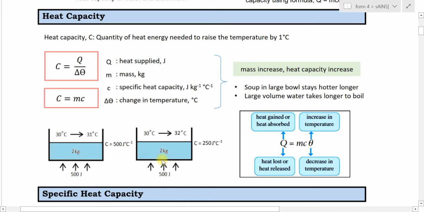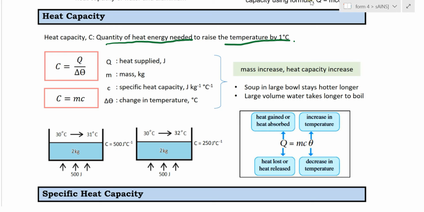Okay, now, let's see. Heat capacity. Heat capacity, dia letak C lah. Okay, big letter C. Quantity of heat energy needed to raise the temperature by 1 degree Celsius. For example, kita ada 2 kg air.